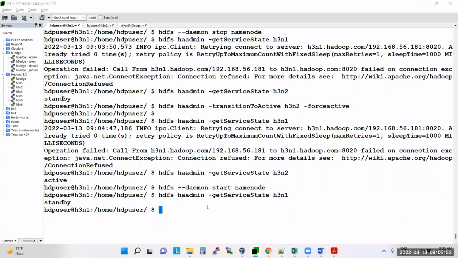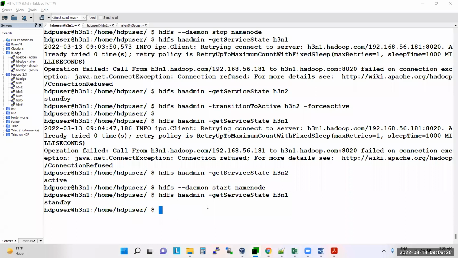So this is the second architecture released by Hadoop. In Hadoop 1.x, we had only one name node, and if that one name node failed, it was a problem. So they released Hadoop 2.x, in which we have the chance for 2 name nodes.